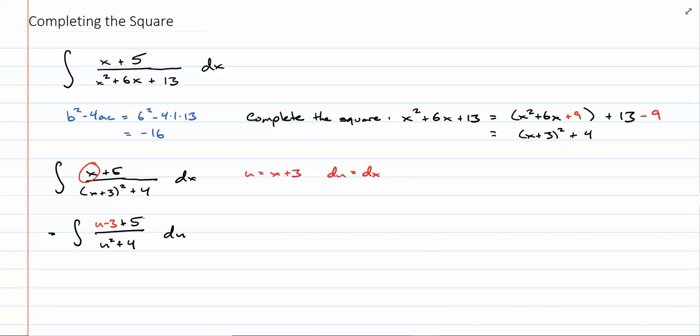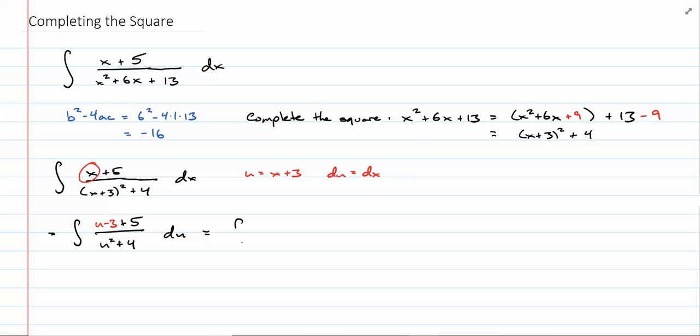Okay, so when you do a u substitution, everything's got to be accounted for. Of course, we made the u substitution to make the bottom simpler, but we have to live with the consequences of what it does to the top. So my top here is really going to be u plus 2 when it's all said and done.